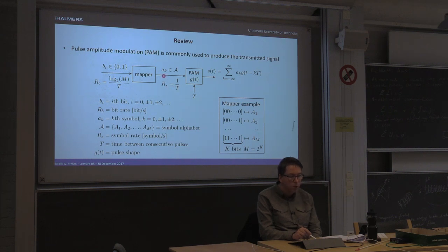Now each symbol carries a number of bits, K bits. Or if we solve this equation, we see that K is log base 2 of M. So the bit rate is related to the symbol rate by a multiplication of log 2 of M. Typically the bit rate, the number of bits we transmit per second, is larger than the number of symbols we transmit per second, simply because one symbol carries multiple bits.